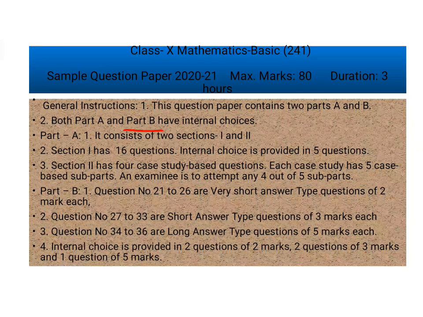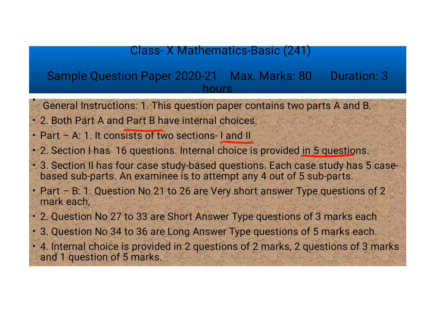Part A consists of two sections, section 1 and section 2. Section 1 has 16 questions. Internal choice is provided in 5 questions.